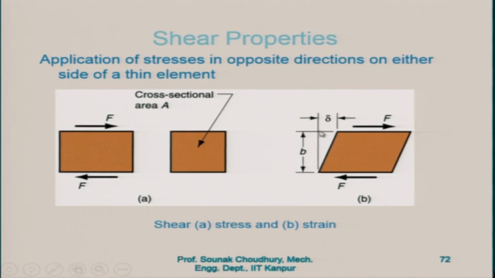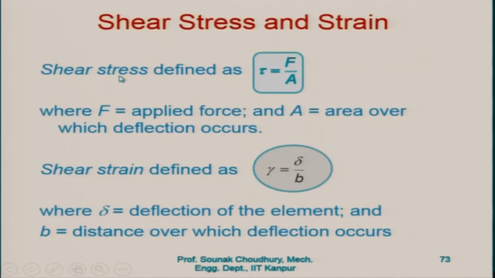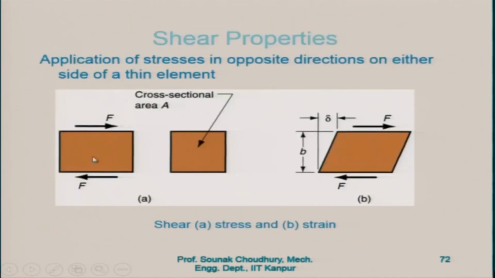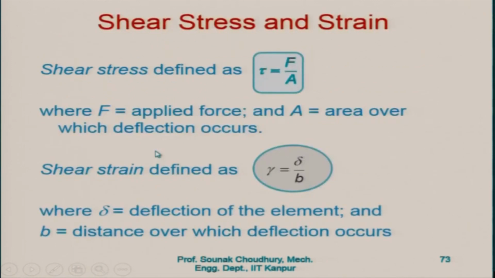This is the deformation that has occurred. Now, the shear stress is defined as F divided by A. F is the applied force, but earlier it was the normal force. Here we have the shear force. Since these forces create shear stress, they are called shear forces, and A is the area over which the deflection occurs.